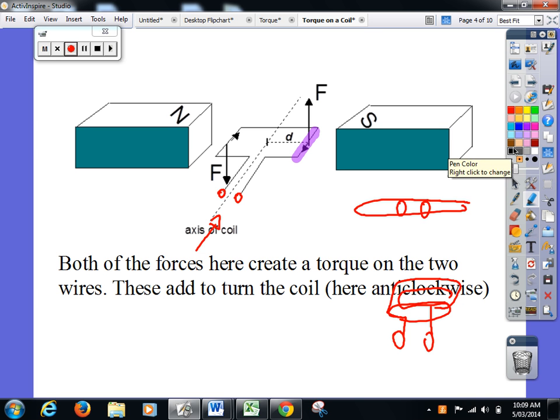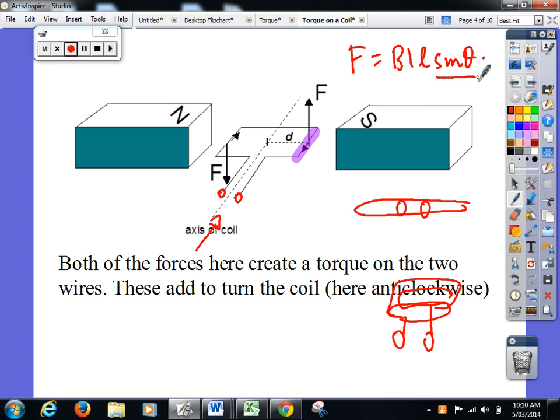If we have the formula F equals BIL sine theta, firstly, is it changing its angle in the field? I've got to find myself something which is straight and long. I'll just go for this.